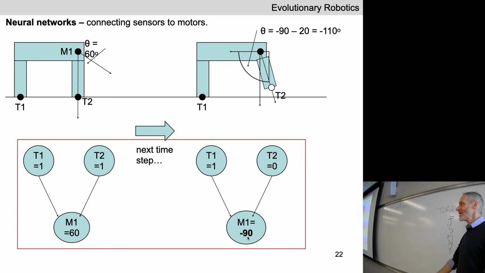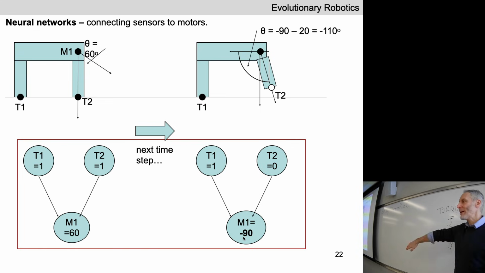What happens at the next time step? The motor neuron is telling this joint to rotate to minus 90 degrees. It's going to start going in the other direction, right? It's a negative number.